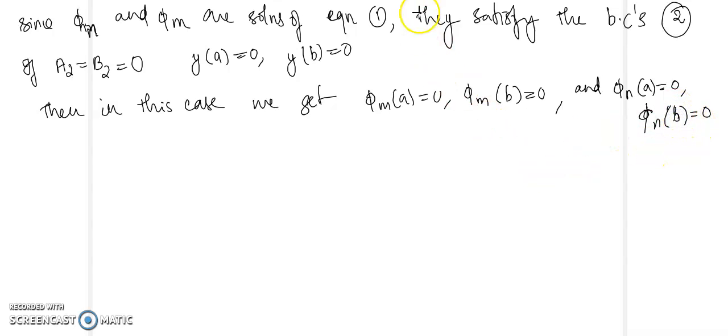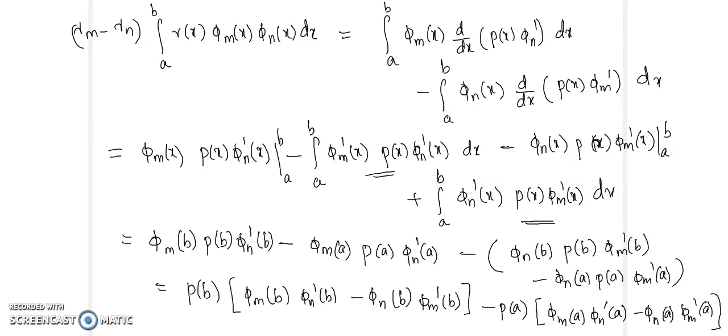Now, if this is the case, let us look at what happens. Phi m of B will be 0, phi n of B is 0. Similarly, phi m of A and phi n of A will be 0. So therefore we are going to get 0 on the right side.